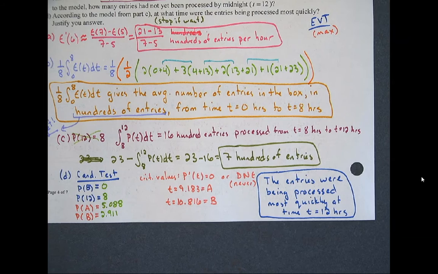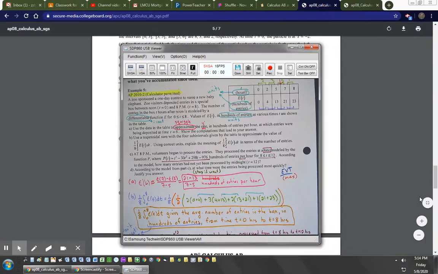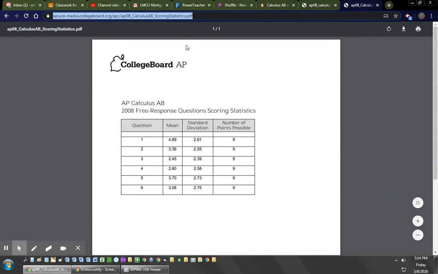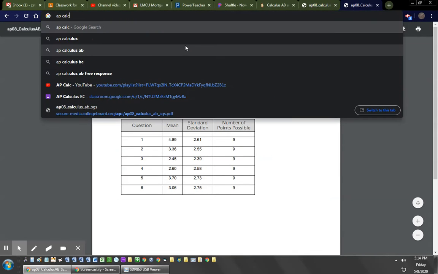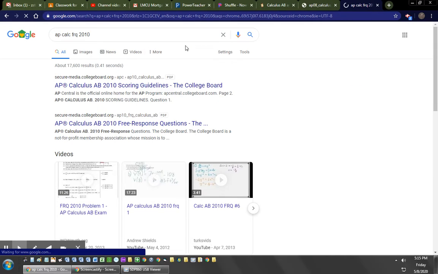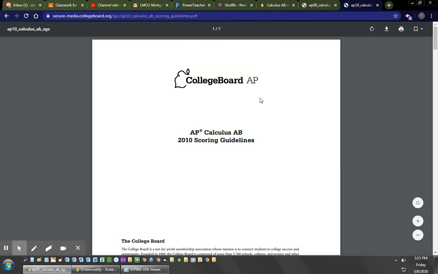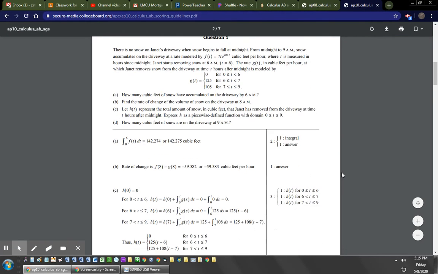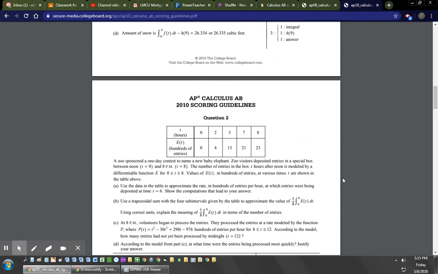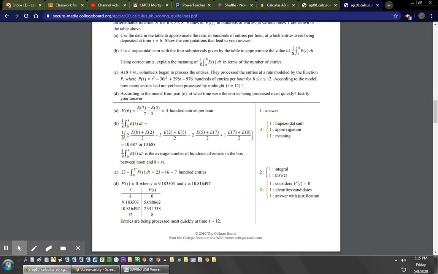Let's see if I have better luck finding the scoring guide for this one. So I would just do a quick Google: AP Calc free response question 2010 scoring guidelines. So we can at least check our answers. Yeah, that's us, right? This is our story. Okay, let's see.